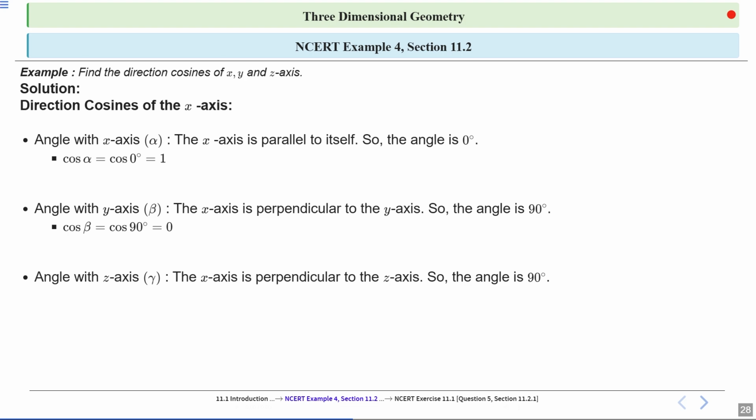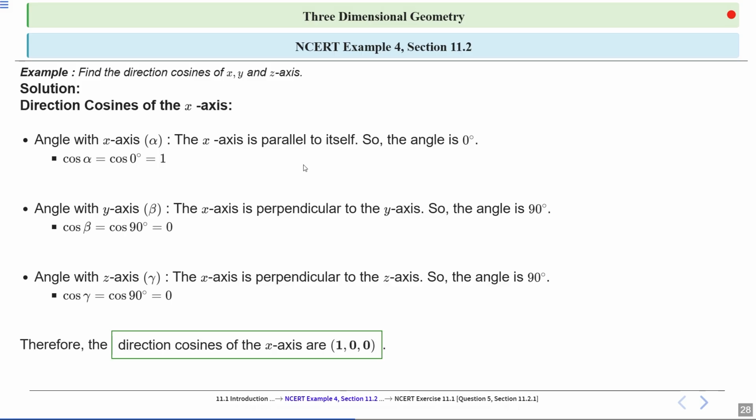Again, these axes are perpendicular, so gamma is also 90 degrees. So the cosine of gamma is cos 90 degrees equals 0. This means the x-axis has no component in the z direction either. Therefore, the direction cosines of the x-axis are 1, 0, 0. I hope this example is clear to all of you.